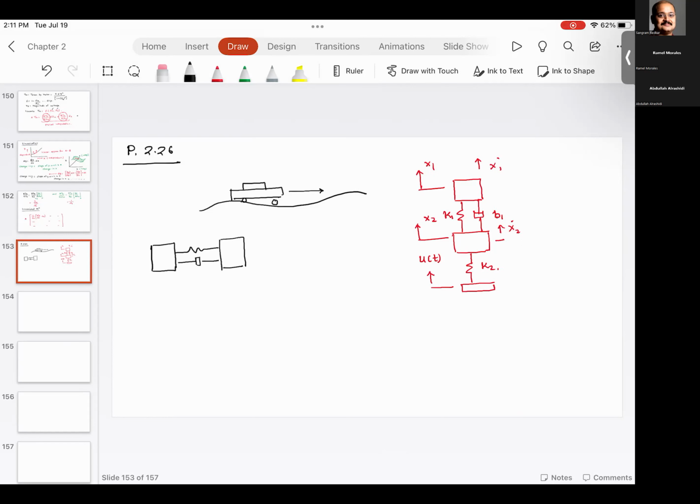Now my question to you is, does this problem look similar to the problem that we have worked out? Remember the problem that I worked out in class? The only difference is there were two masses. Now there are three masses.